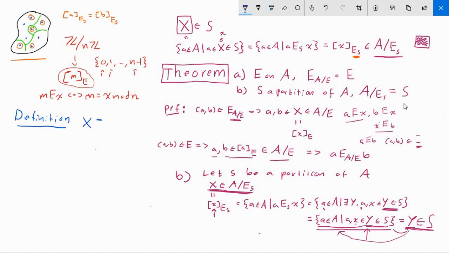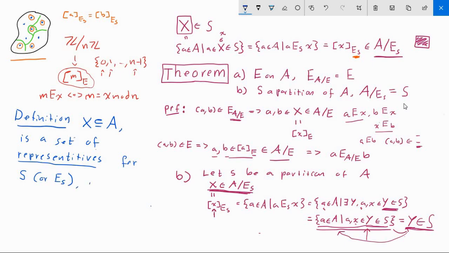A set X, which is a subset of some set A, is said to be a set of representatives for, and here by the equivalence of our previous theorem, we can either say a partition S, or we can say the corresponding relation, since these are now interchangeable, if for all sets Y which belong to the partition, X intersect Y is always just a singleton set.